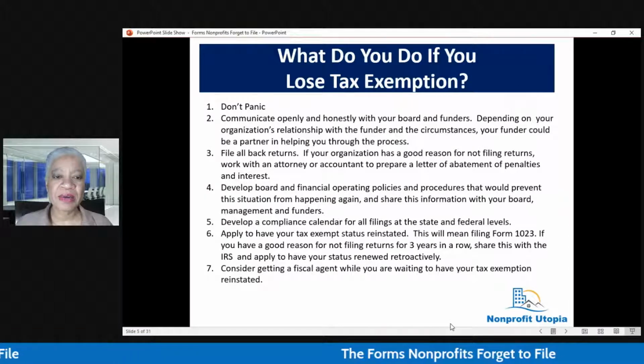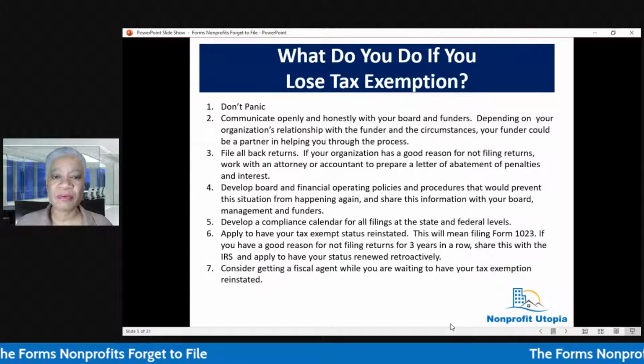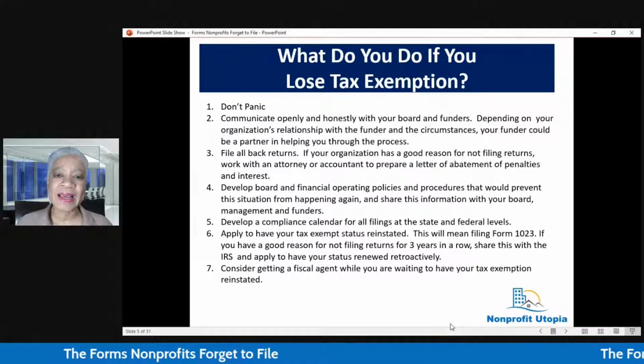The rules are pretty much the same, but you also would consider writing a letter of abatement. And the letter of abatement is basically a letter that is letting the IRS know what happened, why it happened.